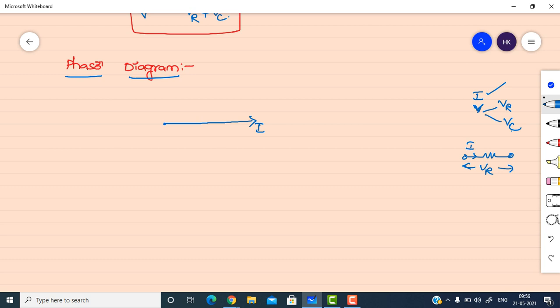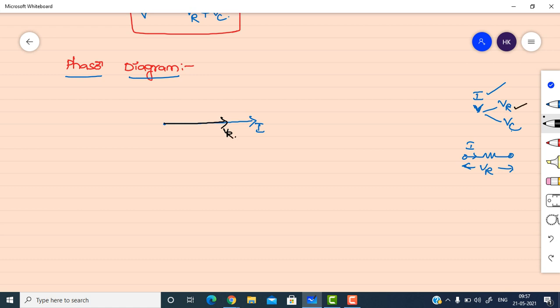With respect to the current passing through the resistor, voltage across this resistor is in phase or lagging? In phase. So draw that VR phasor in phase. This is VR. So VR is over.